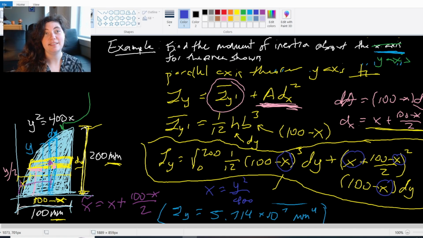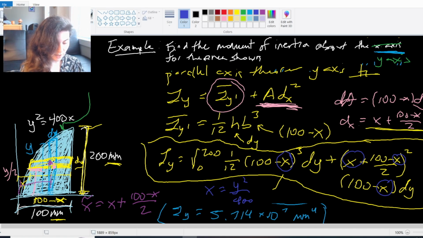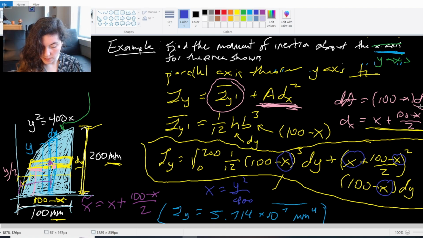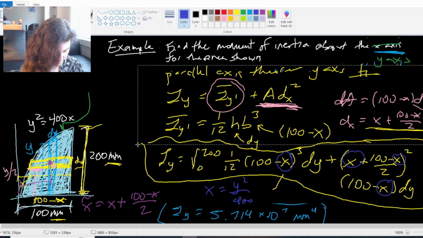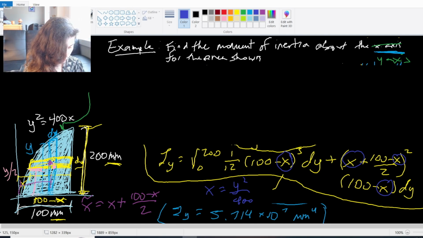So now if I look at that full integral that I'm doing, it is a big, long, nasty integral. I'll write it out, but we are certainly not solving that.